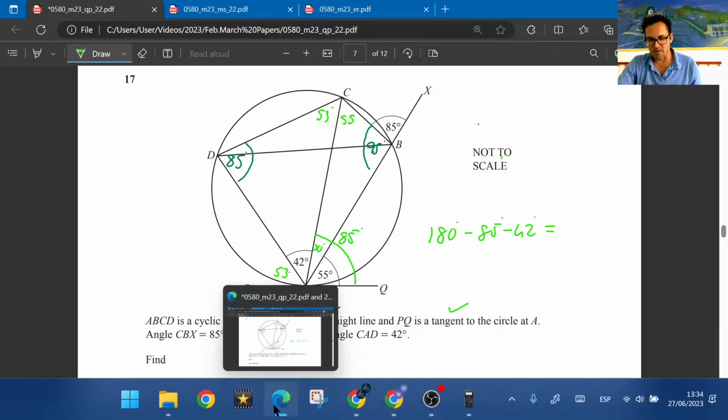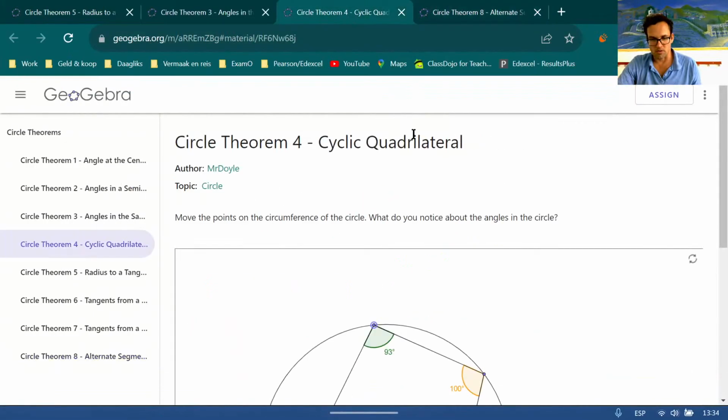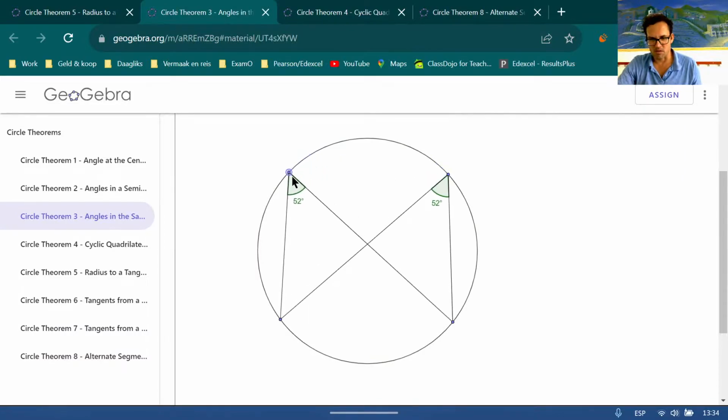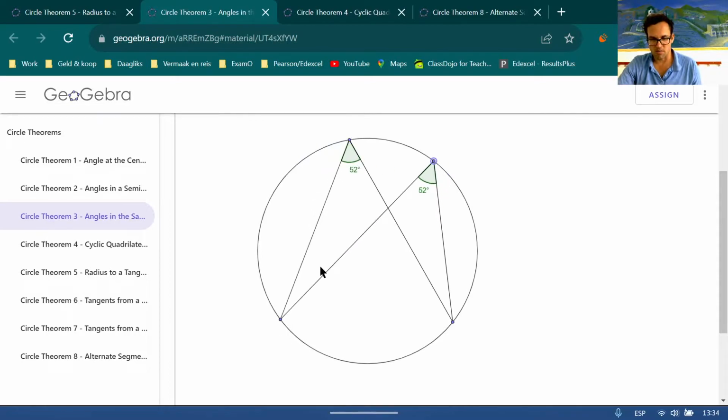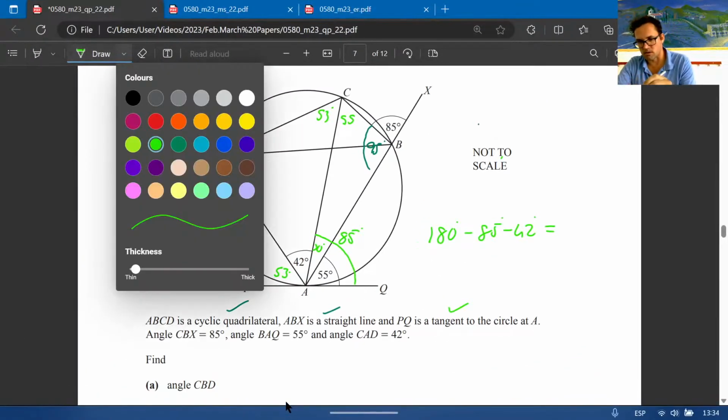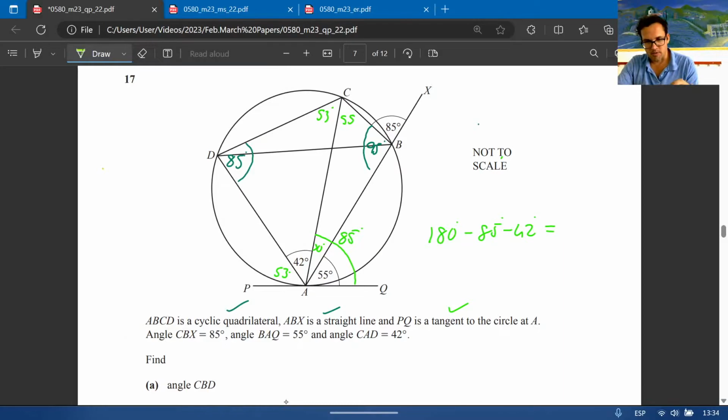Of course, another very popular one that we always use is the butterfly or the bow tie. Angles in the same segment. Angles on the circumference are the same. So that's 52, that's 52, right? So if we look at ours, let's just color again. For example, this is 55.